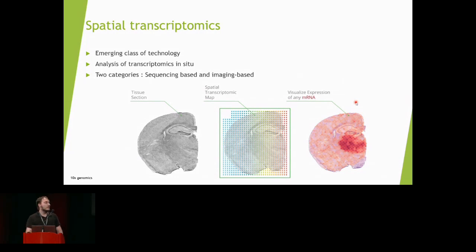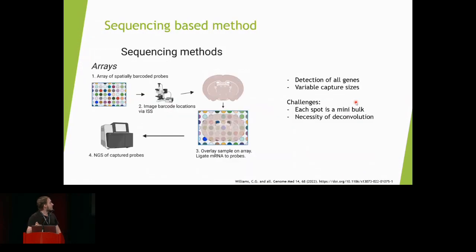The first technology I'm going to focus on and explain a little bit to give you some context is the sequencing technologies. The sequencing-based method bases itself on spots that are located over a slide.